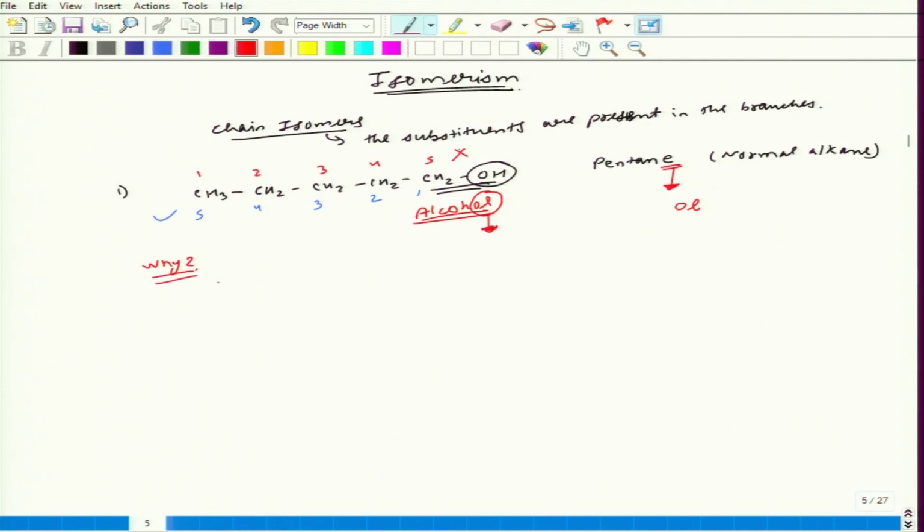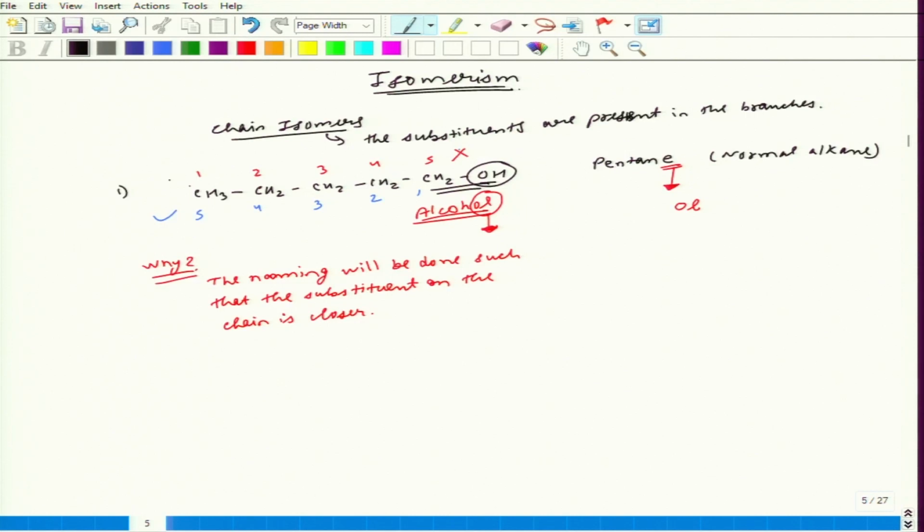Why so? This is because I have already told that the naming will be done such that the substituent on the chain is closer.